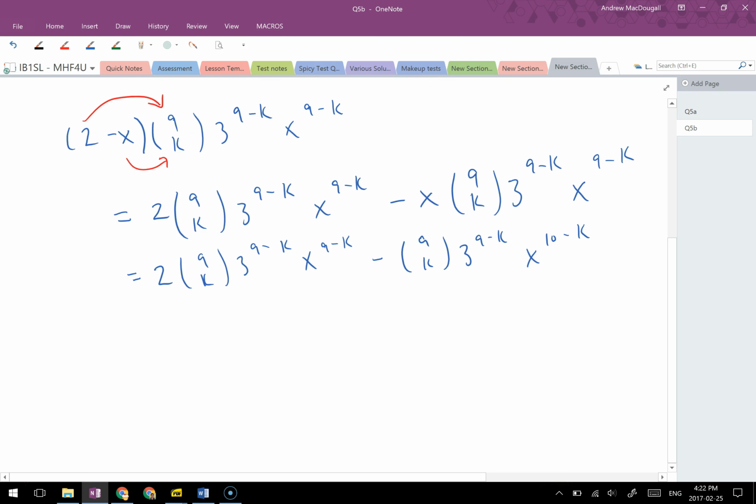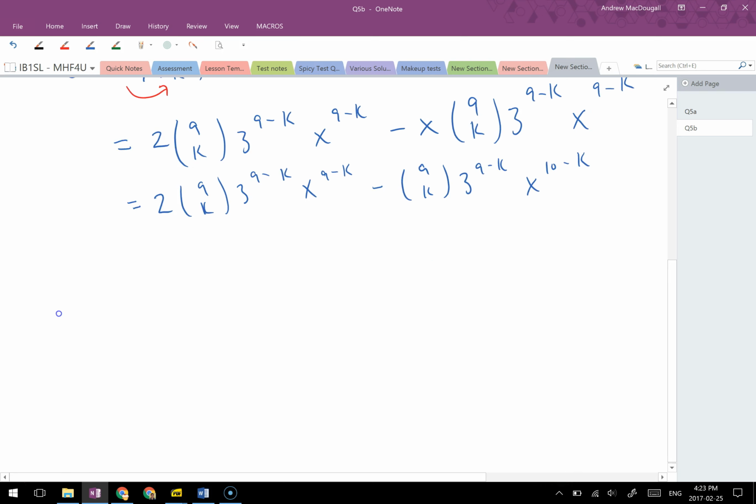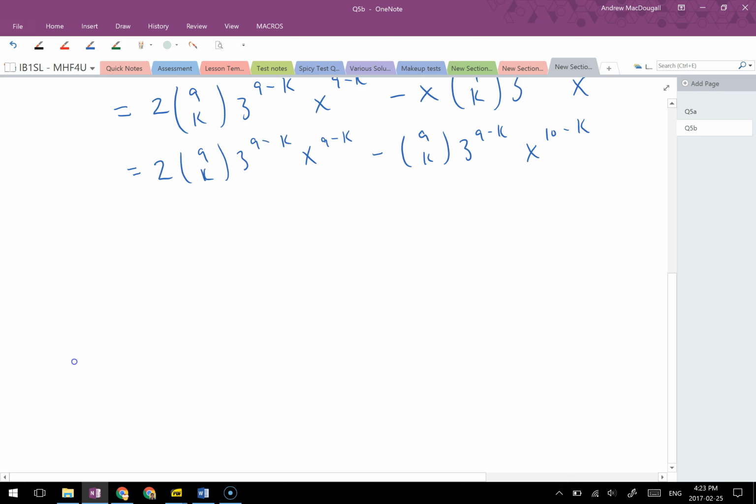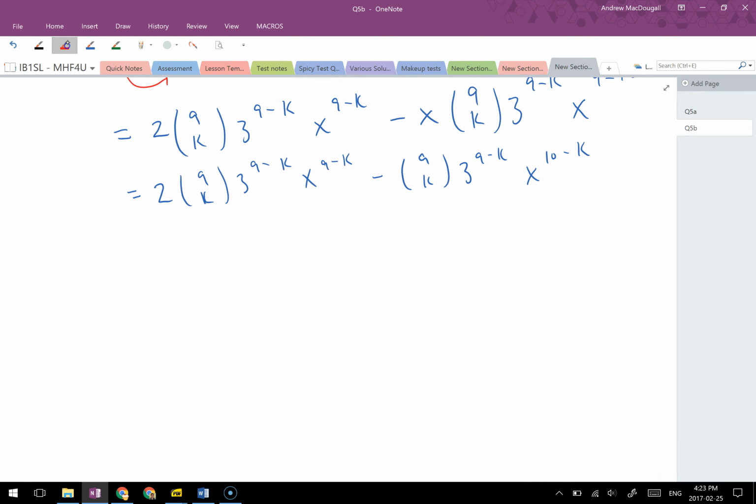Great, so once again now, we need to look at how we can get an x to the power 6 from each term separately. So the left family of terms, if k equals 3, you will get x to the 6 terms.